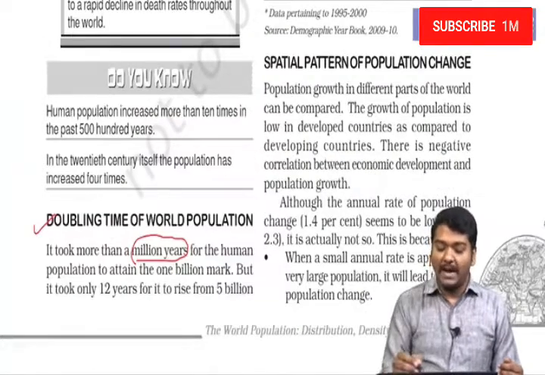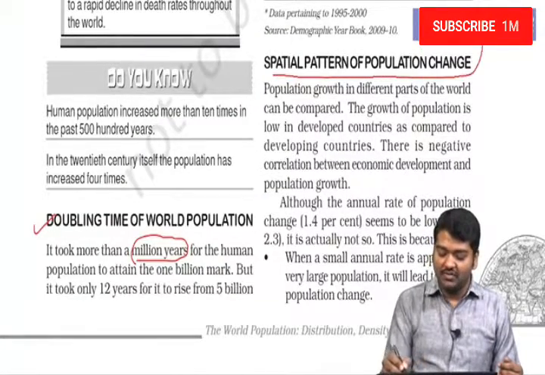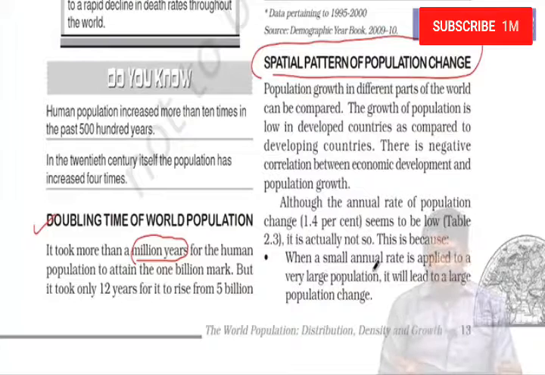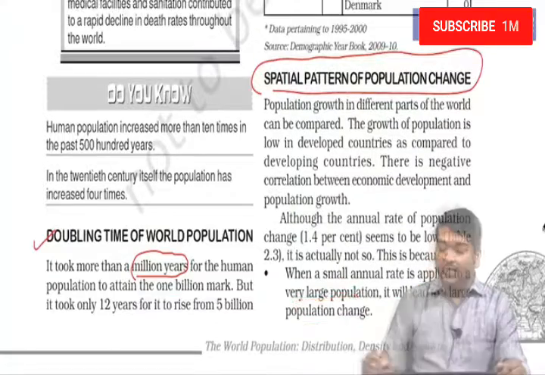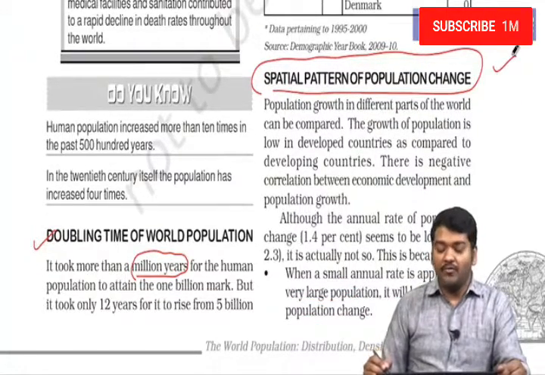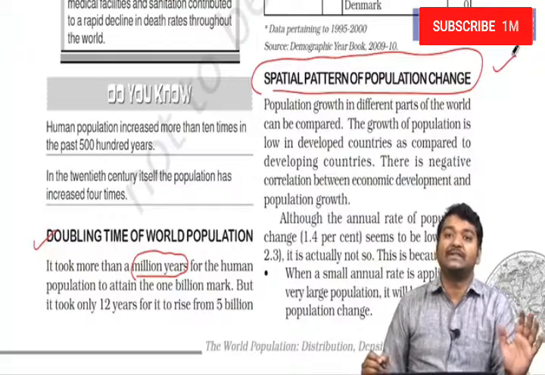So the spatial pattern of population change we need to understand. When a small annual rate is applied to a very large population, it will lead to a large population change. We need to look at the spatial pattern of population change. Don't go by percentages.